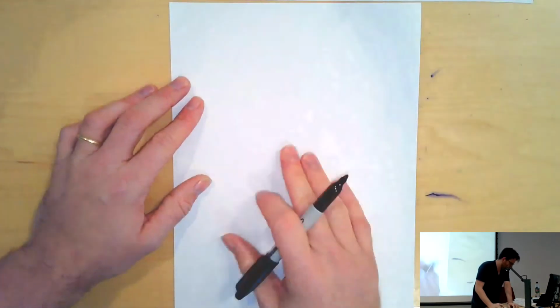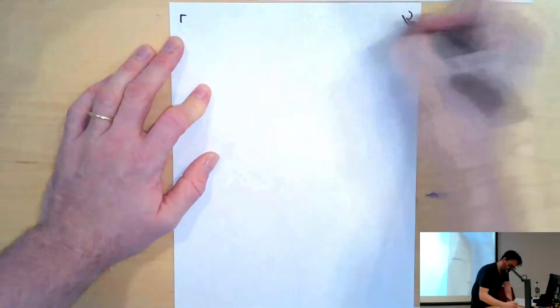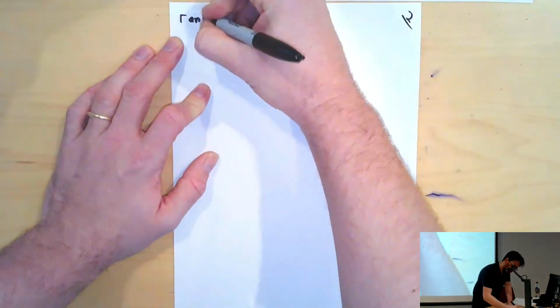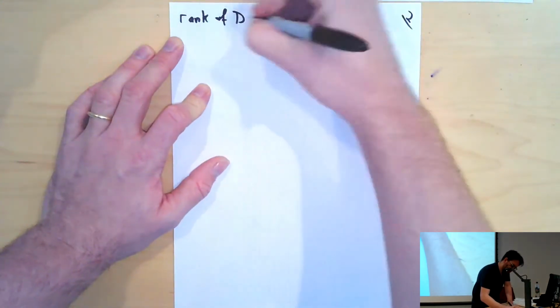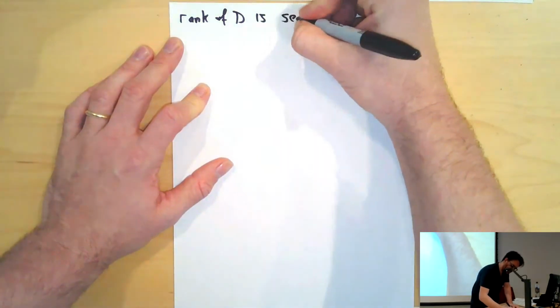One comment about this rank is that it specializes. So the rank of D is upper semi-continuous.